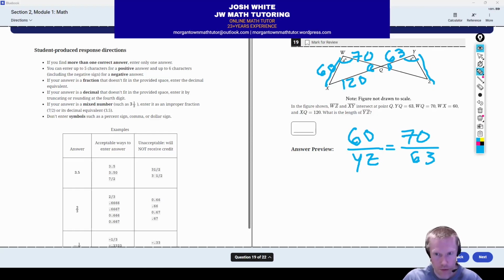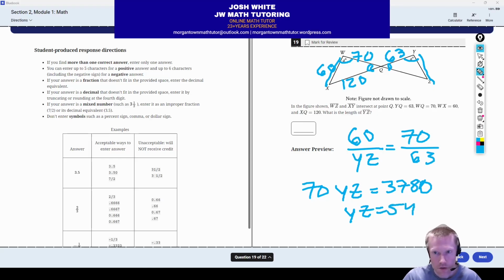Now you just go ahead and cross multiply, so you basically get 70 YZ equal to, let's see here, I can't read my handwriting, I think it's 3780, it's whatever 60 times 63 is. And then when you divide that, you get YZ is going to be equal to 54. So correct answer for this one is 54.